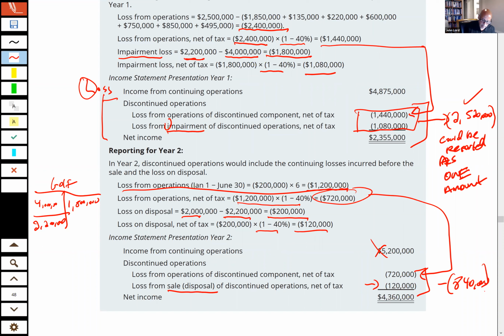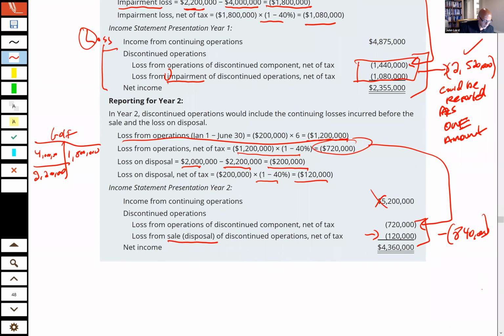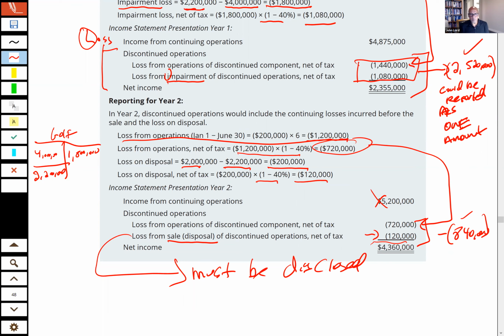And again, you could report that as one amount. However, the loss on the sale of disposal must be disclosed. So you could show it like they're showing you right on the face of the income statement. If you just show this as one amount, then you still have to disclose this 120,000.